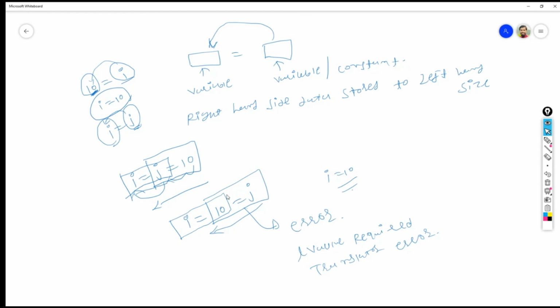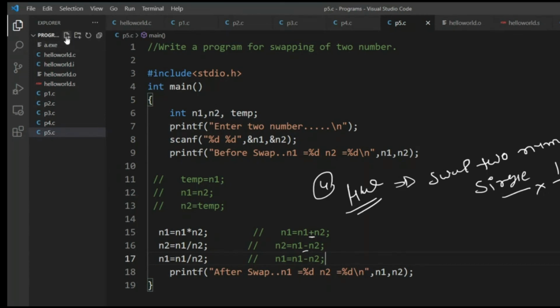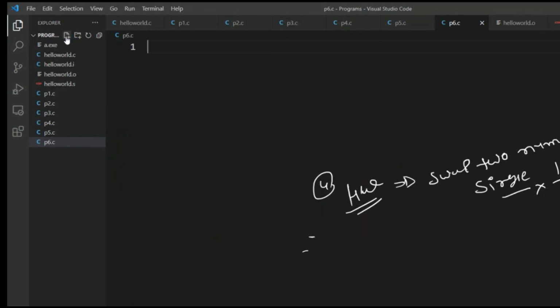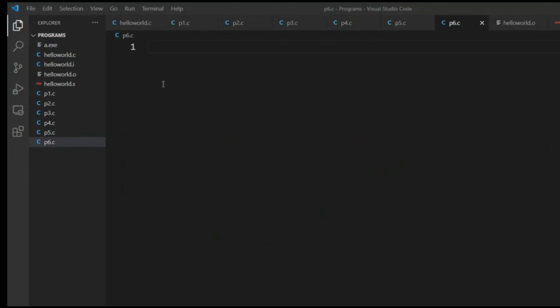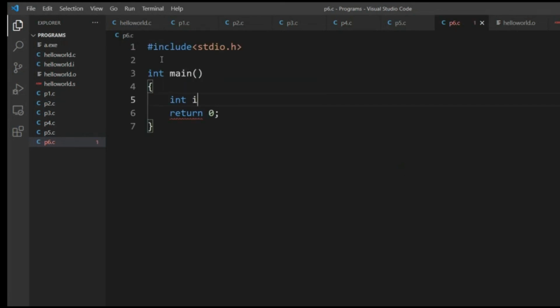So we will try these things in VS Code. I will go to VS Code and make one file, p6.c. Here I will take integer I, comma j is equal to 10. Here I have not stored anything inside I; I have stored only the value 10 inside j.